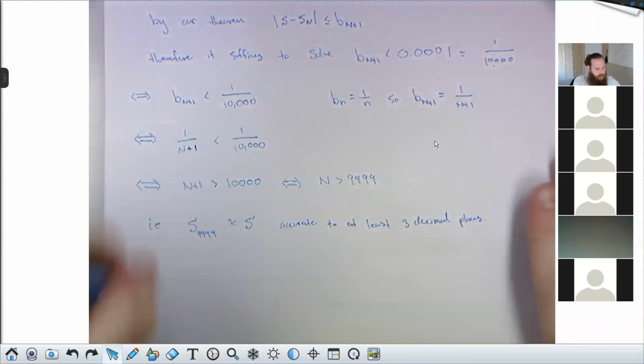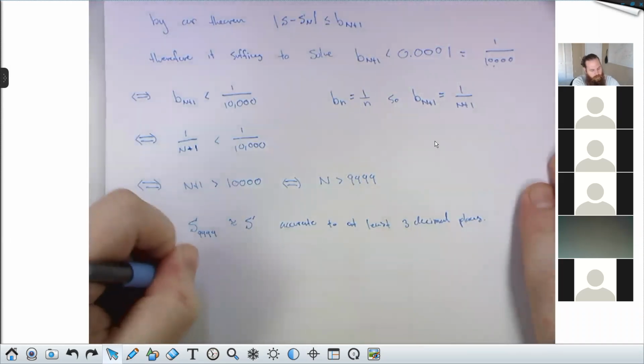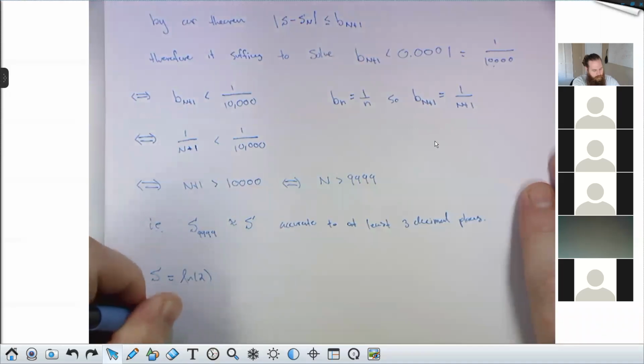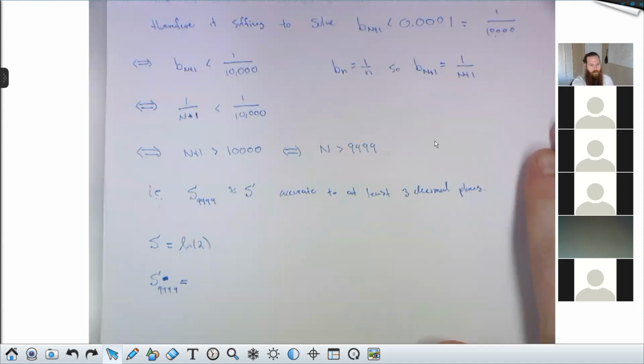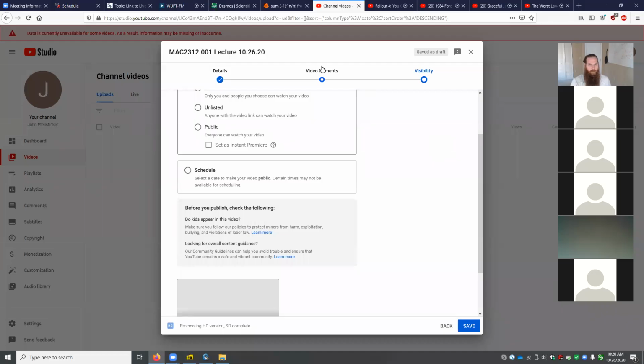Let's do the computation. I told you that S here, the actual value of this series, is the natural log of 2. Let's see what S sub 9999 is equal to. Sorry, ignore this little squiggle here. We don't need this.